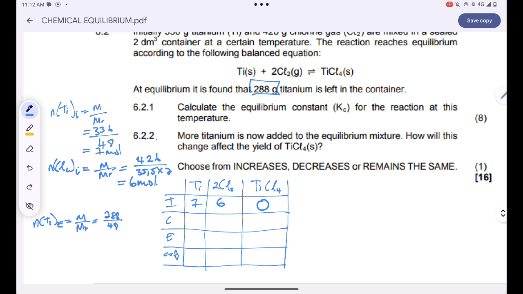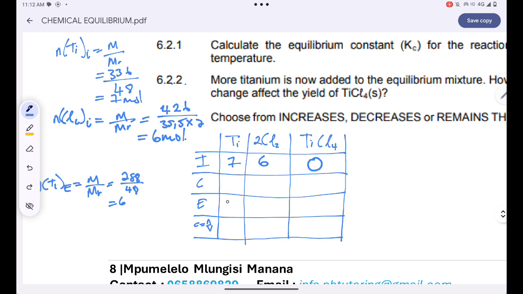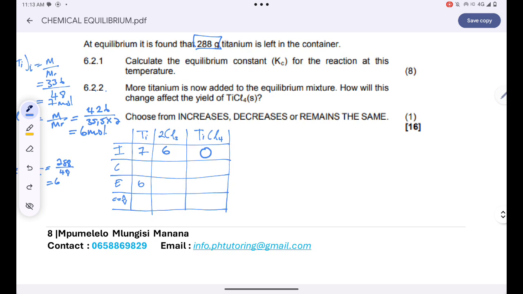This will just give me 6 moles. So at equilibrium, guys, my titanium is just 6 moles. For me to be able to find the equilibrium constant, the first thing I need to do is find the amount of moles that have reacted, or the amount of moles that were produced, and then simply go and find the equilibrium constant.